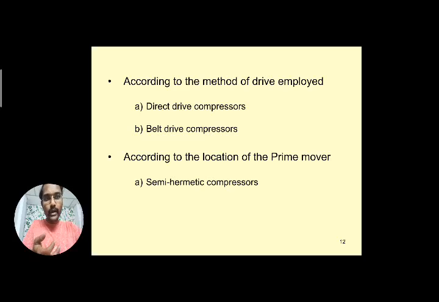According to where that electric motor is placed, there are semi-hermetic compressors, hermetic compressors, or open type compressors. Open type, just like a belt drive compressor, means the electric motor is at a different place and all the compressor components are at another place. Semi-hermetic means both are placed in the same place, but hermetic means the sealing of the compressor is not in a semi way.